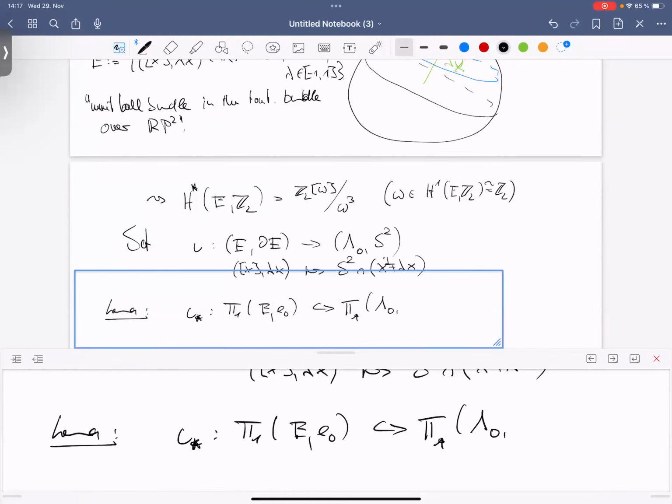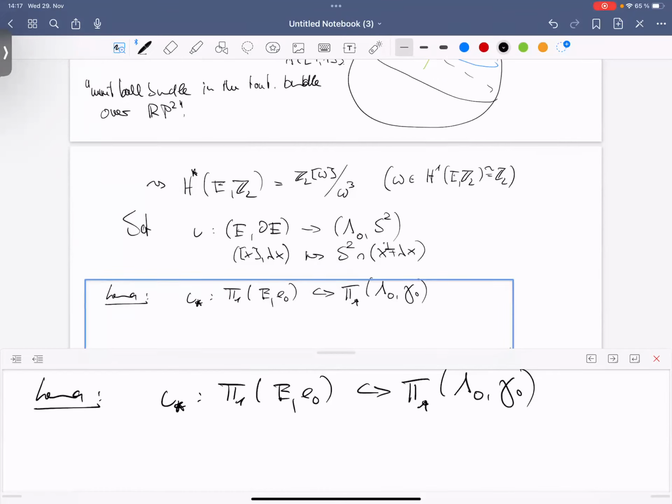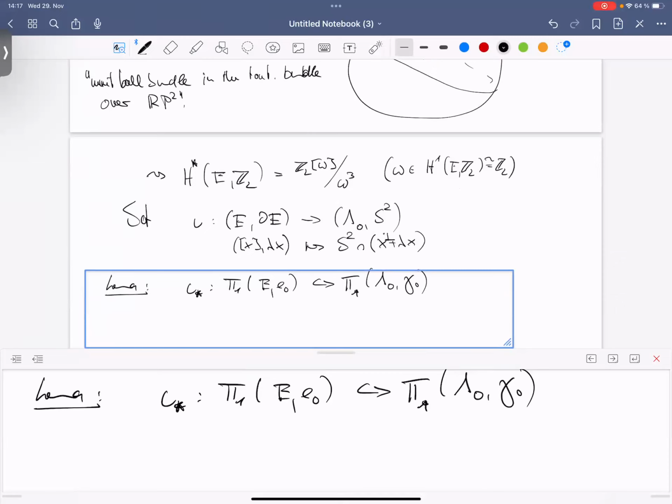This lambda 0 is the space of embeddings without the point curves, and it implies actually that the induced map on the first homology with Z2 coefficients is also injective into this first thing.